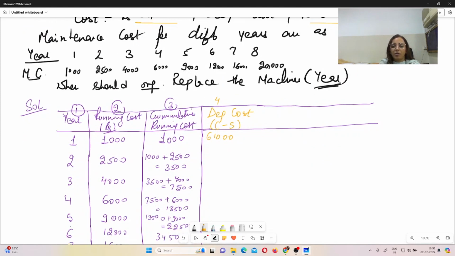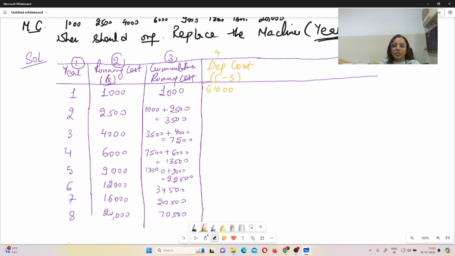So 61,000 minus 1,000 becomes 60,000. Your depreciation cost remains the same for all years, 60,000 rupees: for the second year, the third year, the fourth year, the fifth year, and the sixth year it is again 60,000.